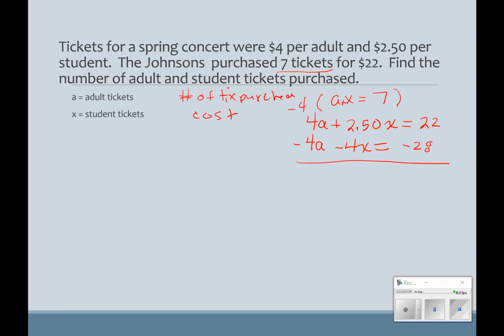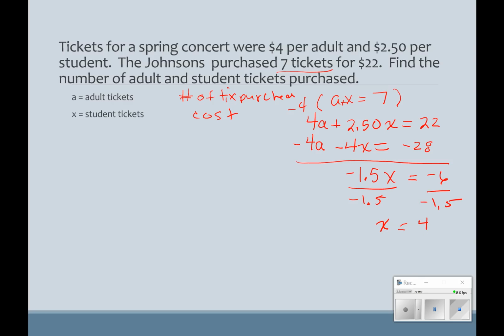All right. So if I cancel out the A's, they're going to go away. 2.5X plus a -4 is -1.5X, and 22 minus 28 is negative 6. If I divide both sides by negative 1.5, I'm going to get X equal to 4.